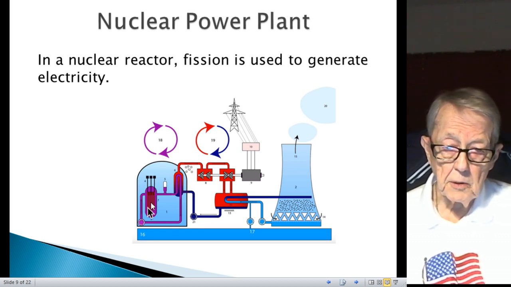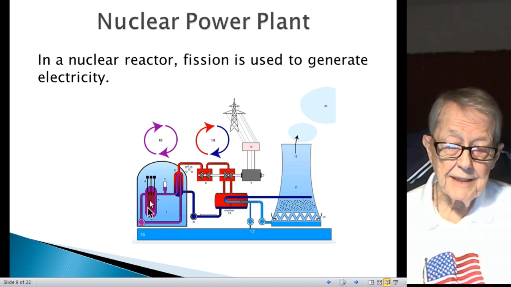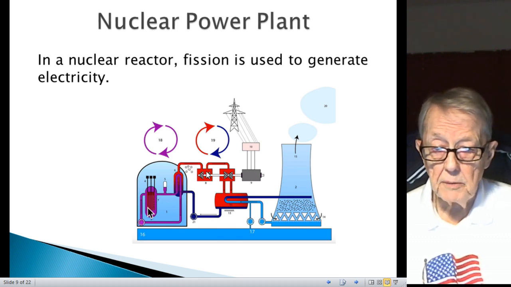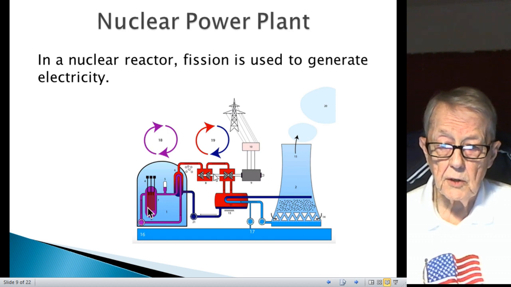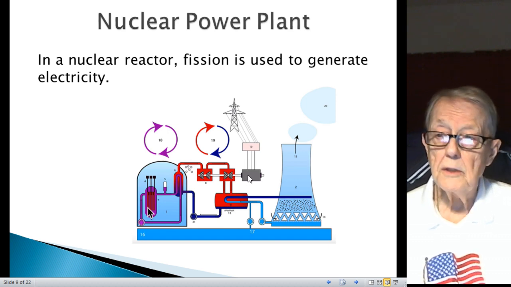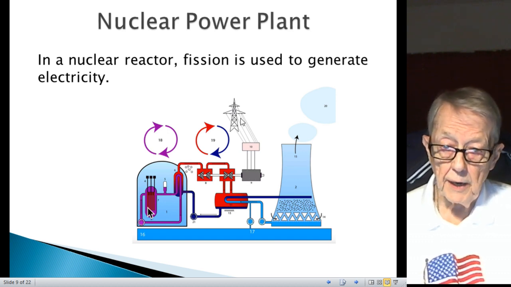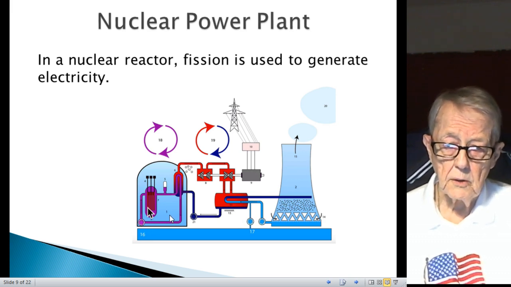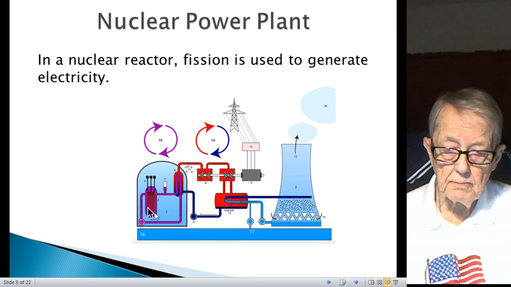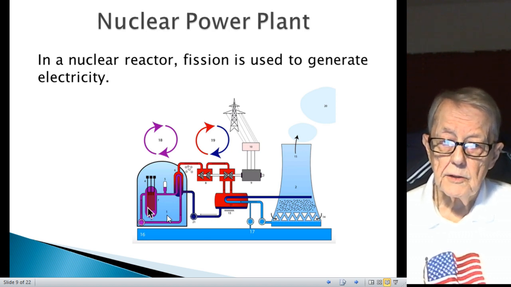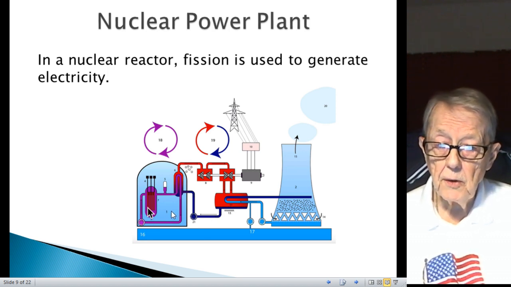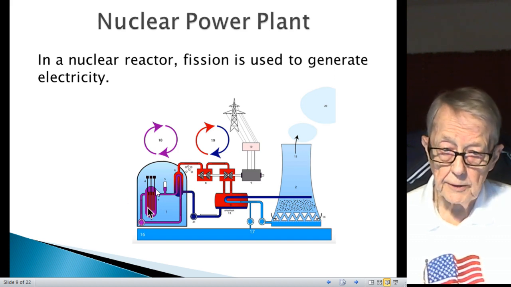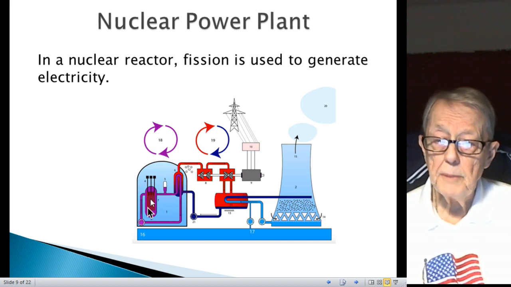And you get the nuclear reaction going, and the energy heats the water, and it's compressed and made steam, and the steam turns the turbines, the turbine turns the generator, and we have electricity. And then you've got to cool the water and put cooler water back.